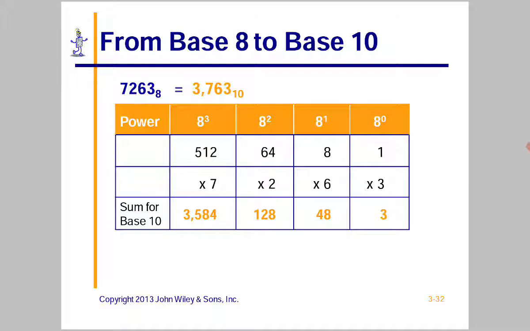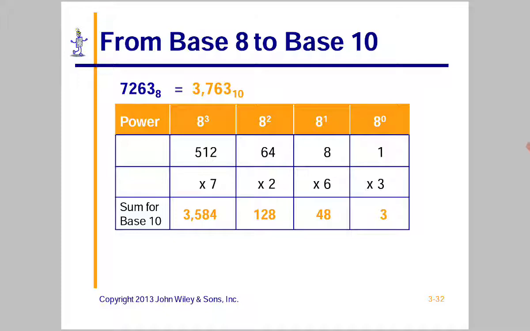The original base or index value is octal, so 8 power 0, 8 power 1, 8 square, 8 cube. 8 power 0 is 1, 8 power 1 means 8, 8 square means 64, 8 cube is 512. Next, the digits are 3, 6, 2, 7.